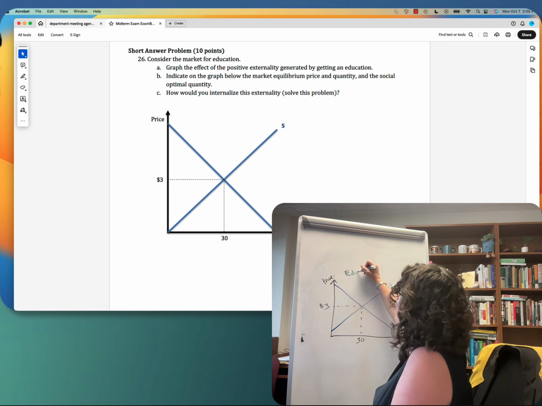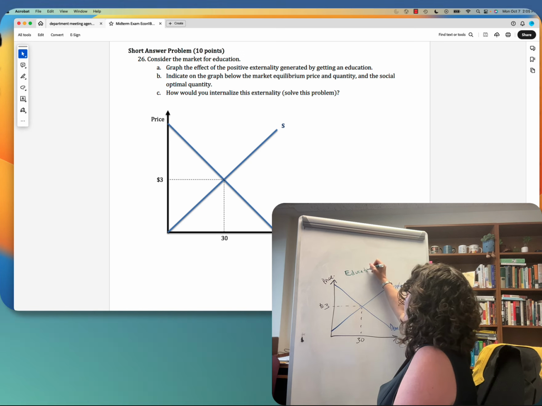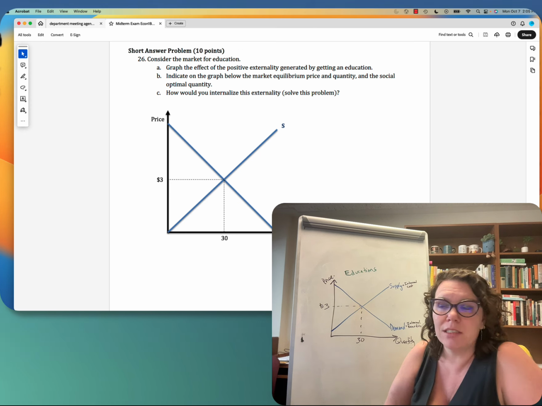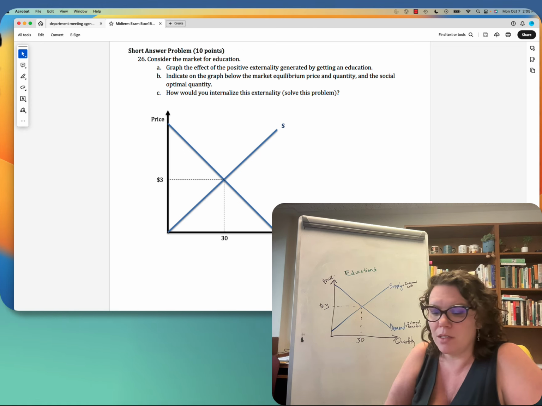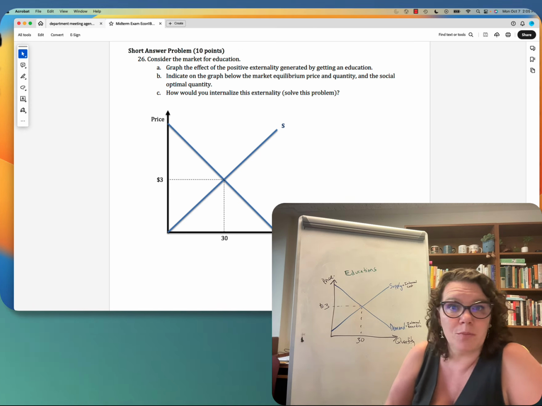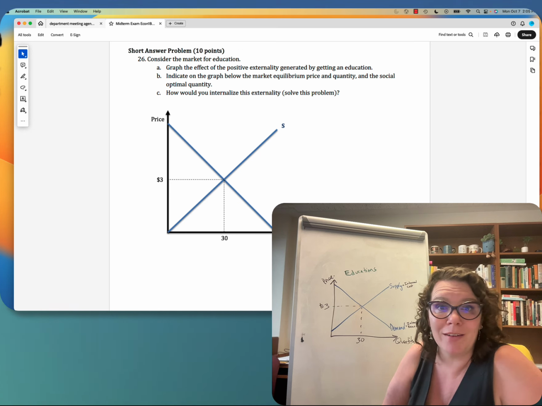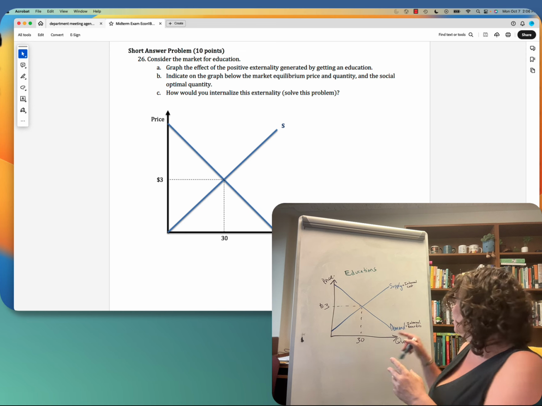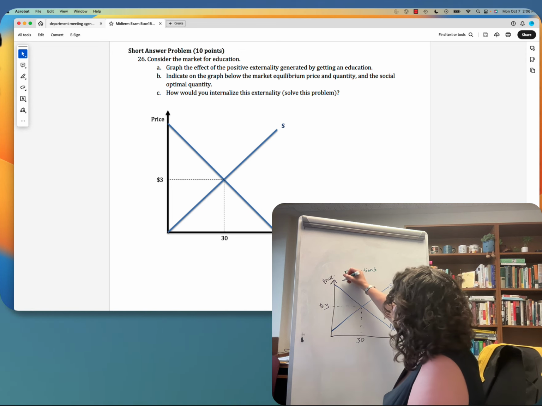So the first example is the positive externality associated with education. With education, there are private benefits like higher wages, better lifetime outcomes, better quality of life. And those are the reasons people go out and get education. But there's also larger social benefits. There's an additional social benefit, an external benefit.